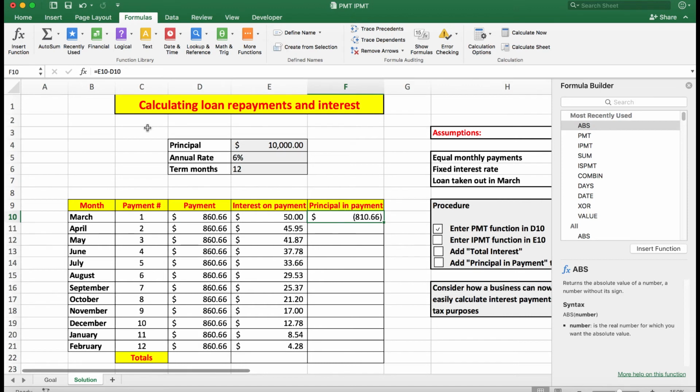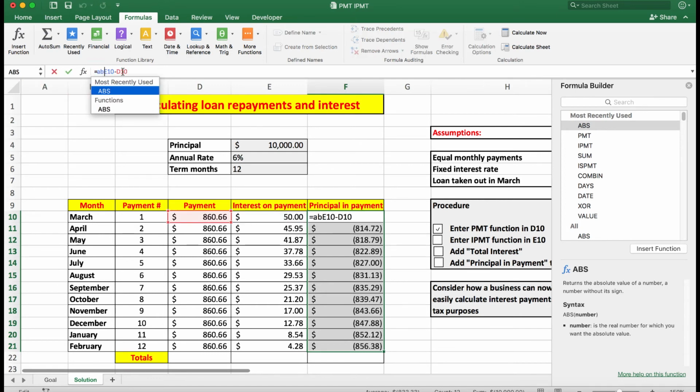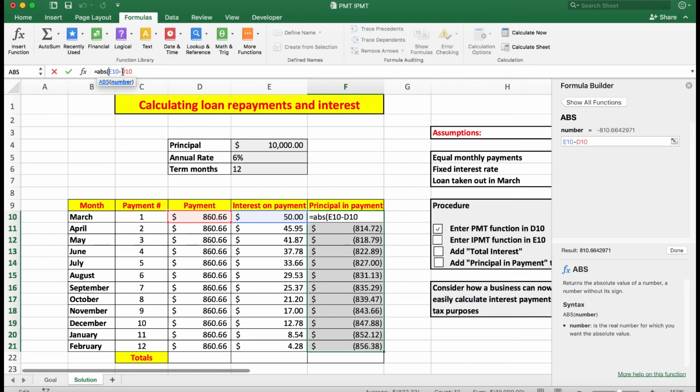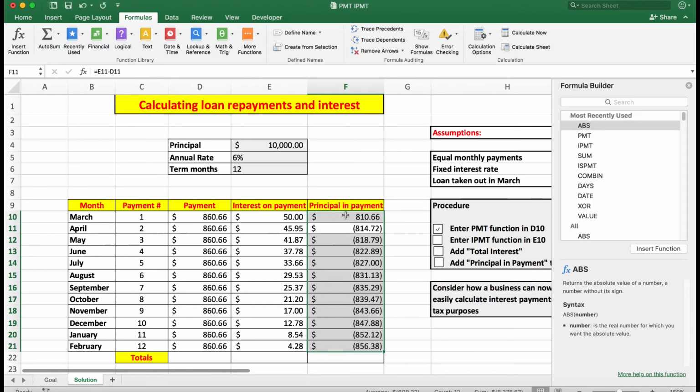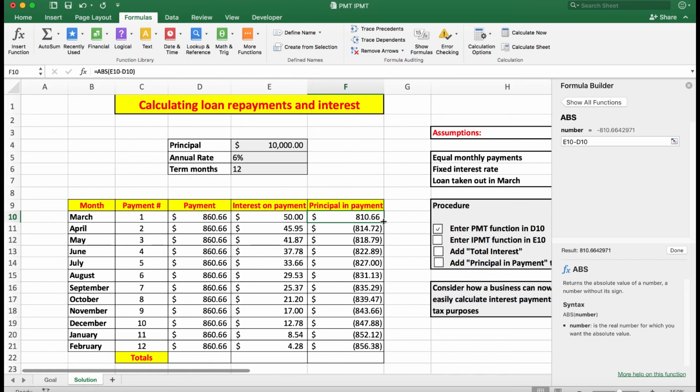Now again, I can copy that down, and there is the principal that I make in each of my repayments. Let's use the absolute function again. It just makes your spreadsheet look better than having minus signs or figures in red or brackets all over the place. And we will double click that autofill button, and there I see my answer.